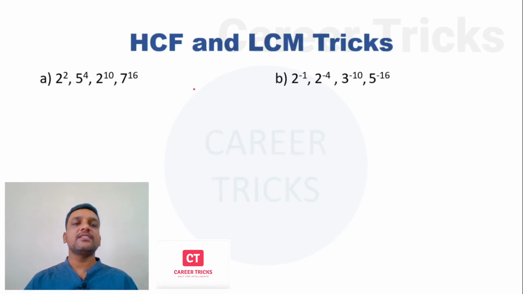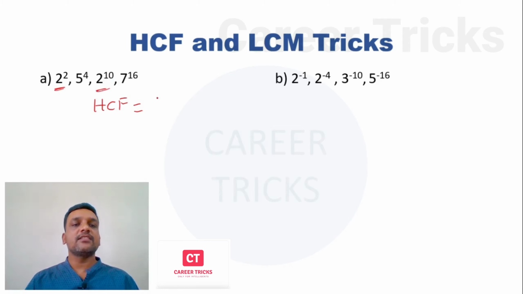The next type of problems is, okay, if I get it like this: 2 to the power of 2, 5 to the power of 4, 2 to the power of 10, 7 to the power of 16, like this. At that time, what is the HCF? Previously we had common numbers. Here we have different numbers. When you are finding the HCF of these numbers, the common term is 2 to the power of 2 and 2 to the power of 10.